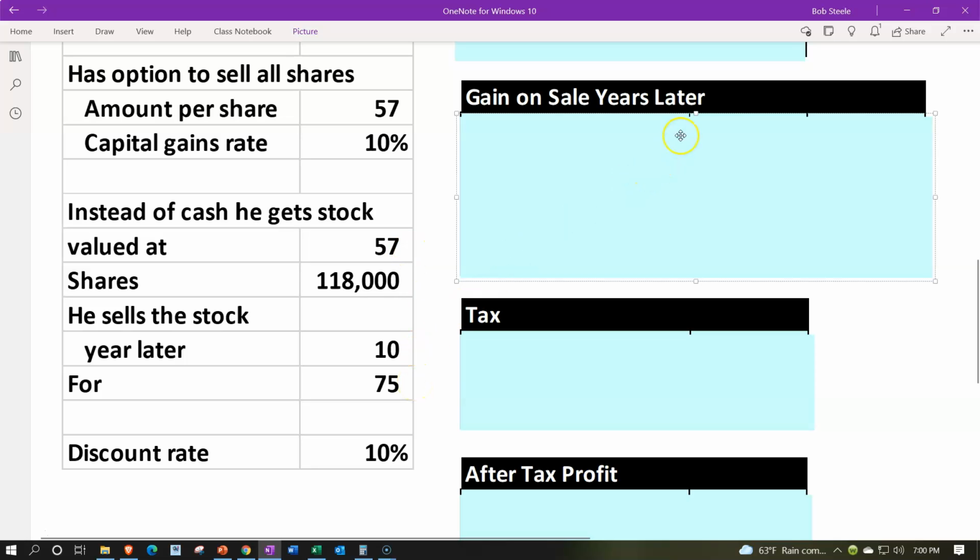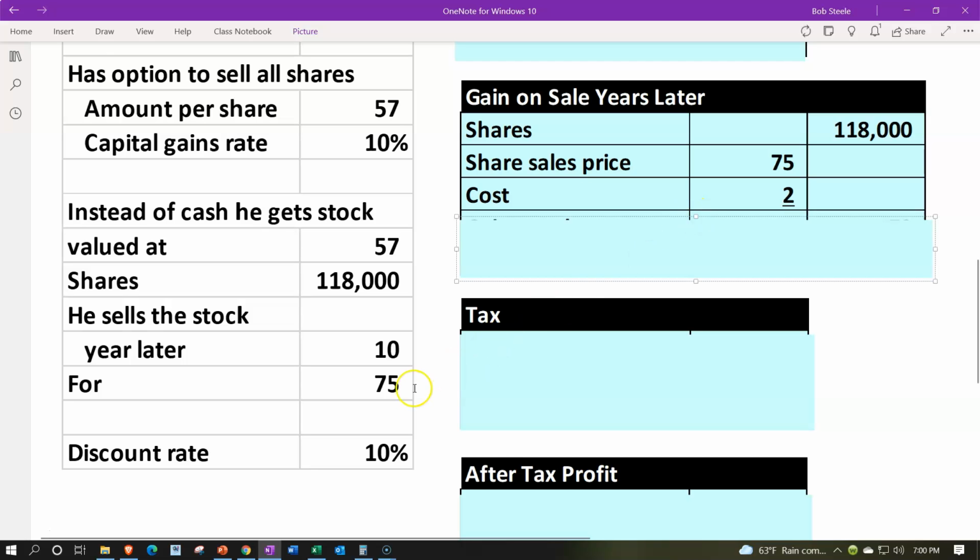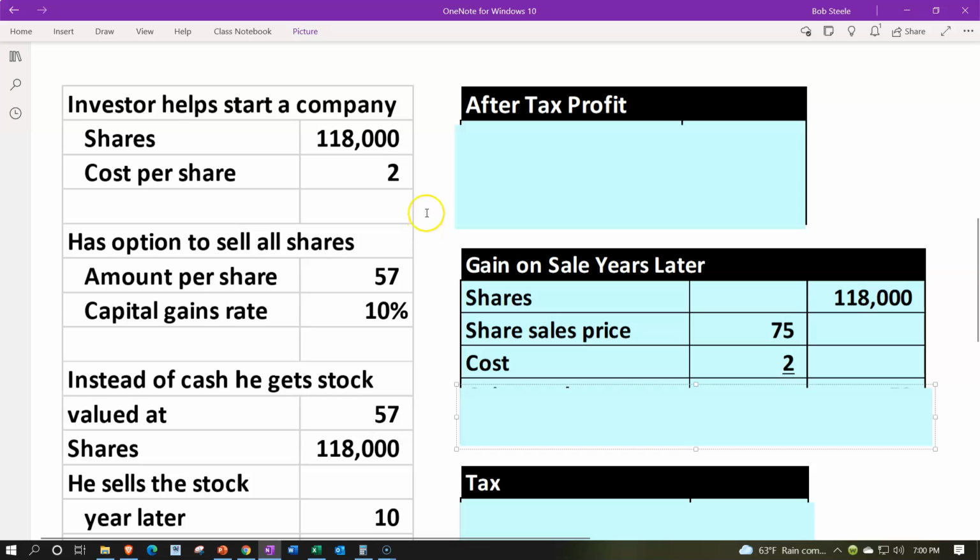So let's think, if he was able to defer the gain under that situation, then the shares are going to be 118,000. We have the share sales price at the 75 and the cost is 2. So 75 when he finally sold it 10 years after, and the cost, he has to keep the same cost. So if he was able to defer, then one of the things you typically have to do is keep the same basis and whatnot.